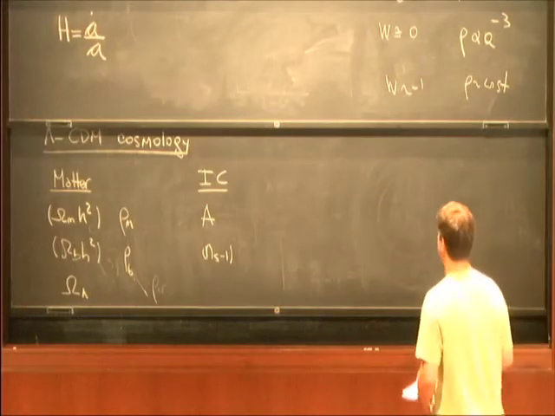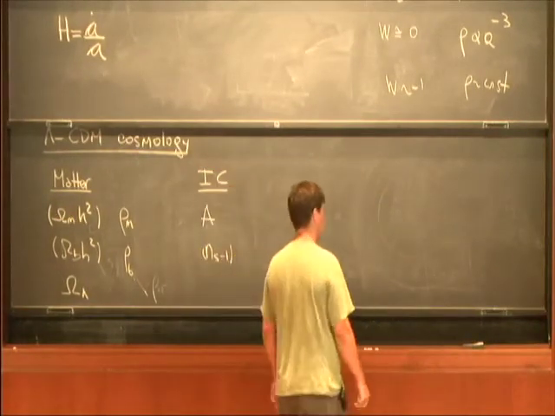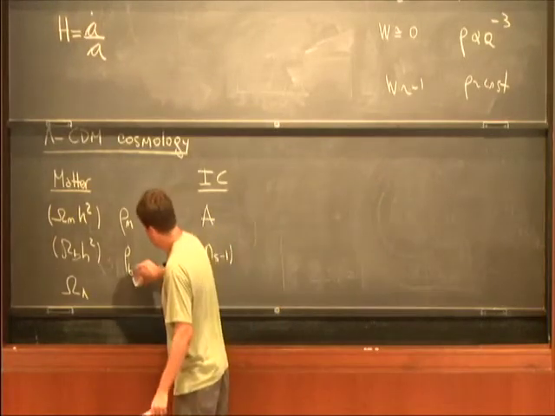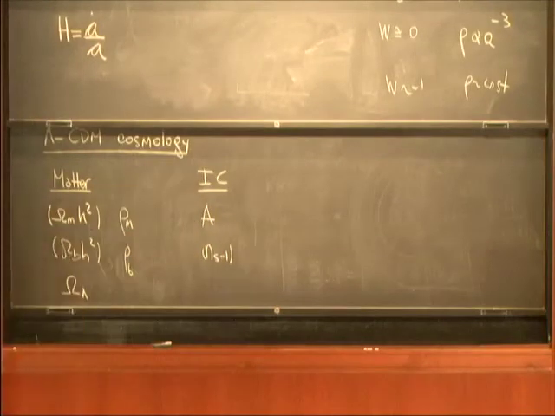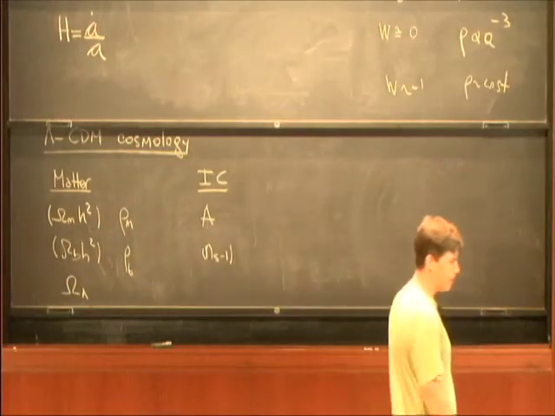This scale invariant spectrum has a name that we usually like to use. It's called the Harrison-Zeldovich spectrum. And this reminds us of the fact that the scale invariant spectrum was not proposed in the context of inflation, but much before by both Harrison and Zeldovich independently, just based on very simple arguments.